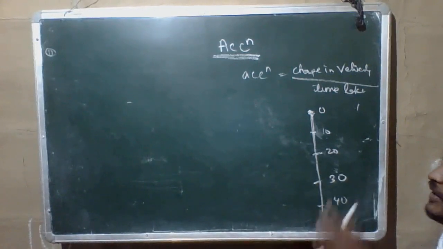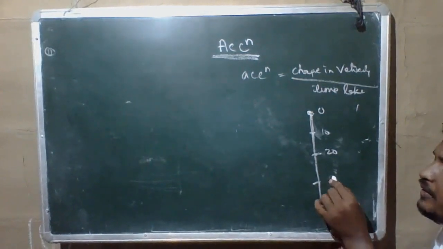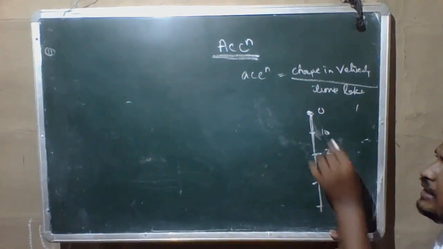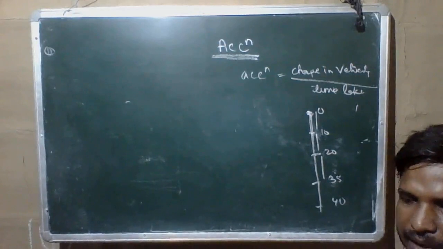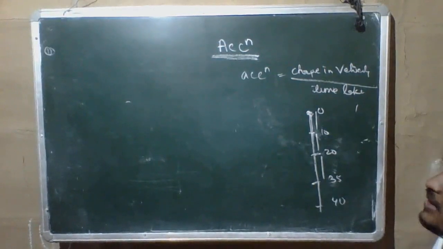Now suppose in the third second the velocity becomes 35. Here the velocity increase is 10, here 10, but here it is increased by 15. So we can say that this acceleration is non-uniform.